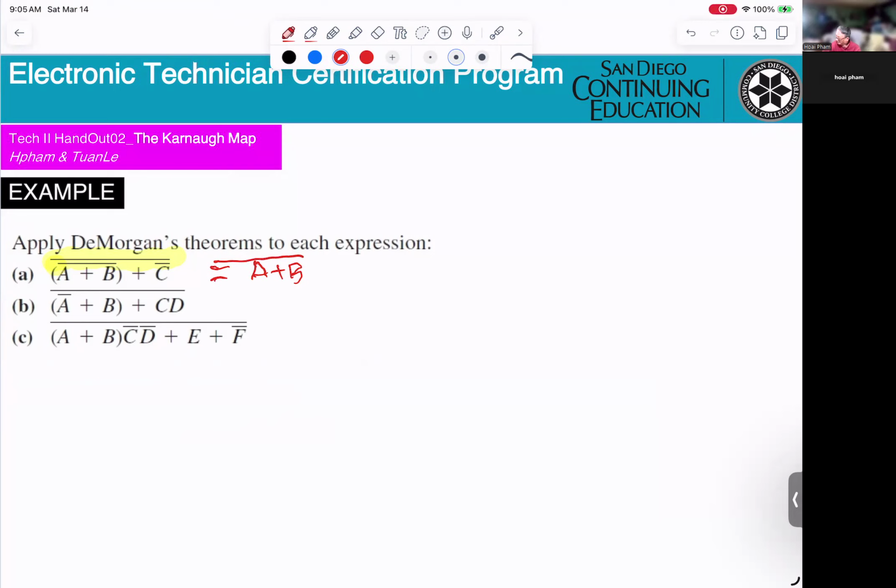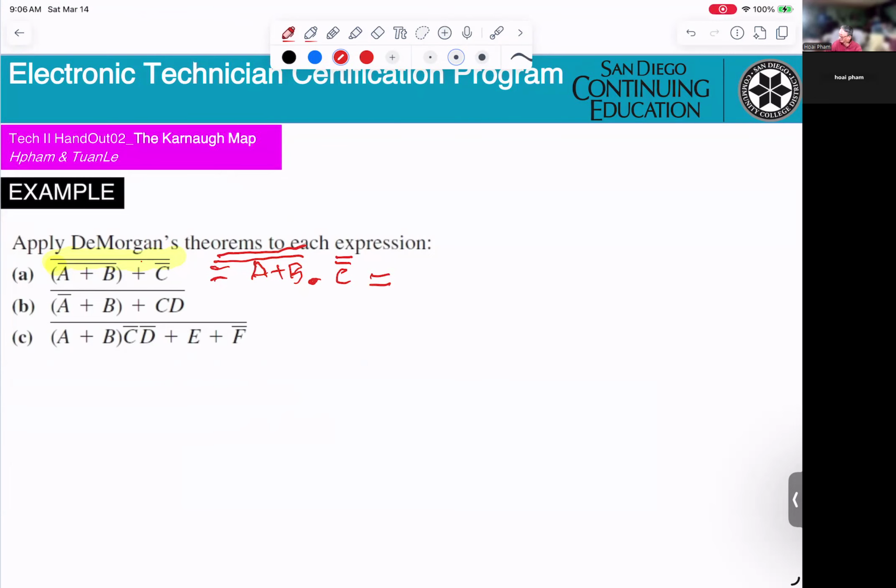And now you take that not out. Then they still get the not. Or will be and. C, not C. That means C, not, and not.